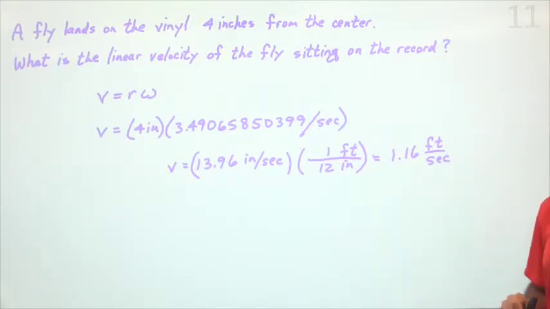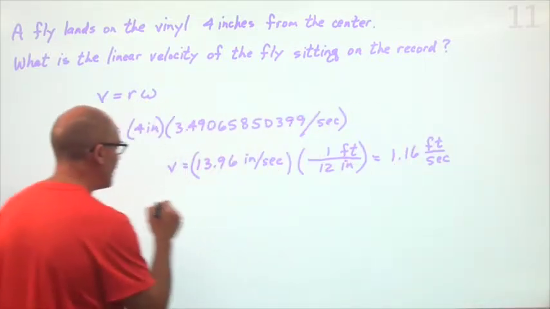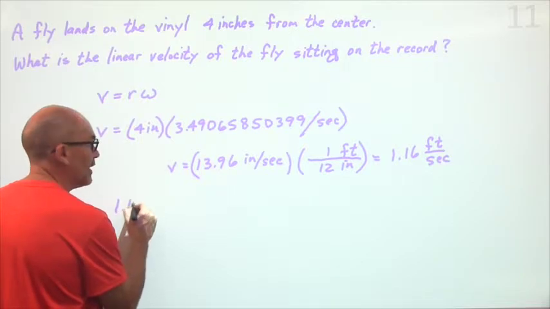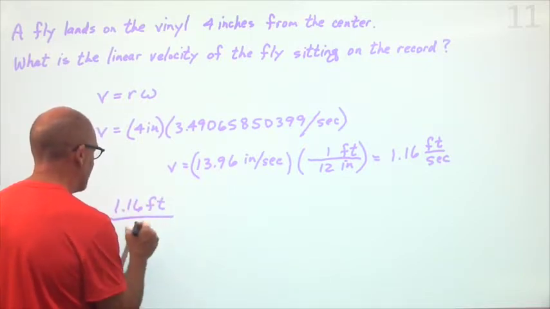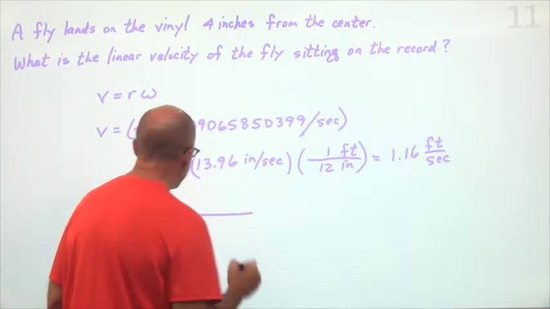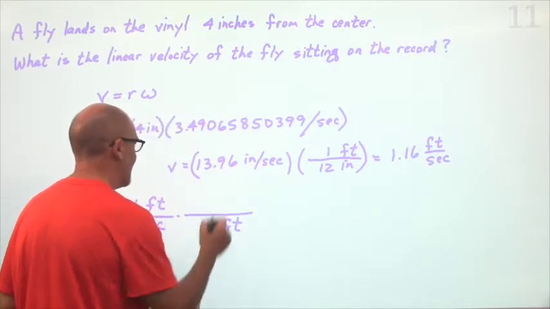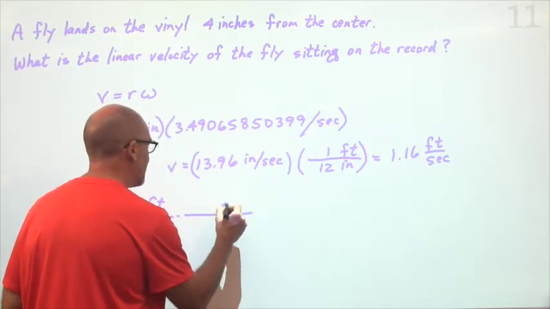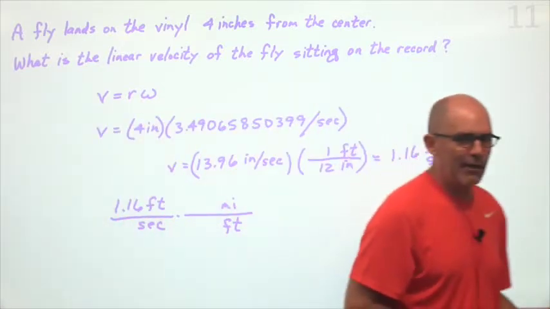Now, what if I want to know how many miles per hour the fly is going? Well, then I go 1.16, and remember, I'm just keeping this in the calculator, so I'm not really punching in 1.16 feet per second. Now, I need to get rid of feet, so I put feet on the bottom. And I need to turn it into miles. How many feet are in a mile?